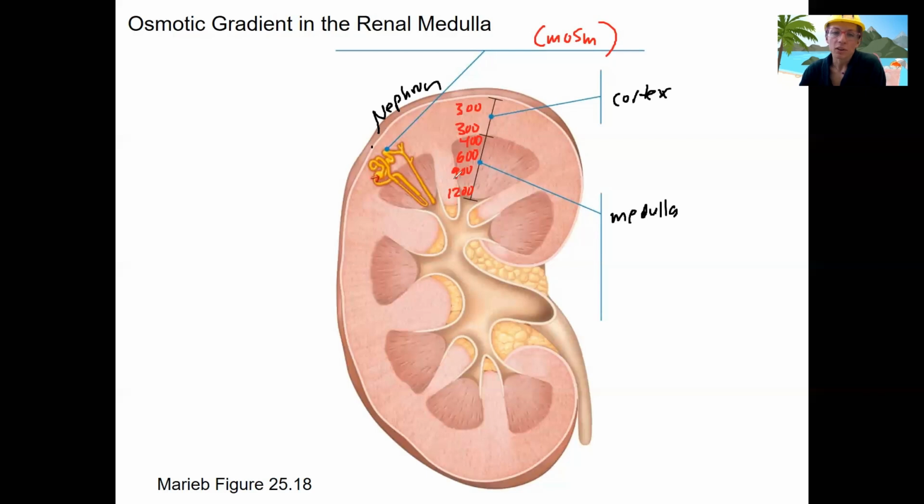This would be where those juxtaglomerular nephron loops are going to dip down. So 1200 is what the medulla is here. And therefore, because of equilibrium, inside the nephron loop, it's also going to be 1200. So the osmolarity of the interstitial fluid of the renal medulla increases progressively from 300 near the cortex medulla junction down to 1200 at the medulla pelvis junction, the renal pelvis.